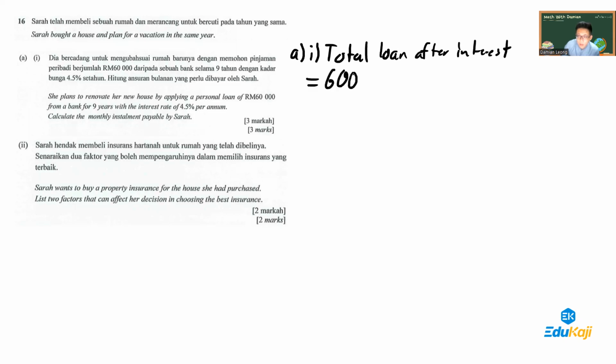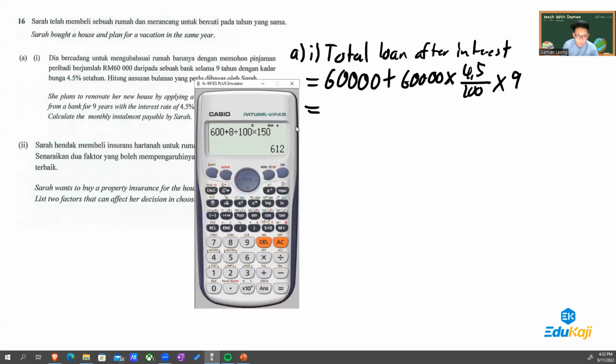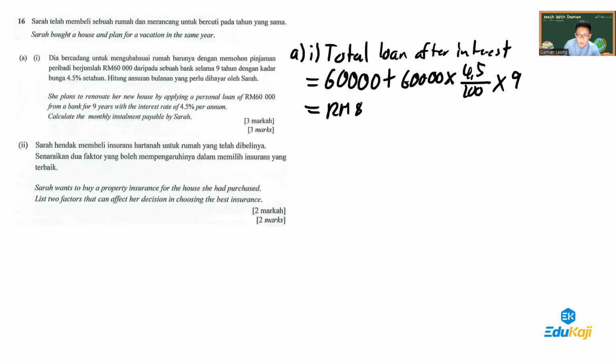is the 60,000 plus the interest. PRT, principal times interest rate times time: 60,000 times 4.5%, percent is out of 100, times time 9 years. So 60,000 plus 60,000 times 4.5% times 9 years is 84,300 ringgit.